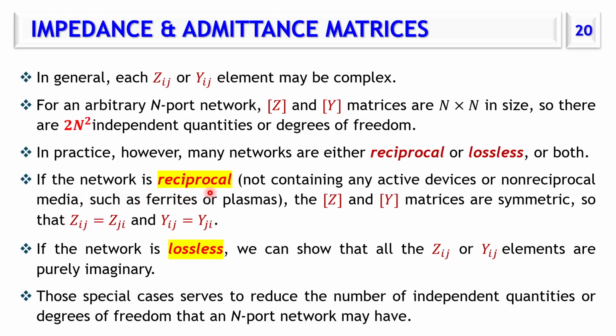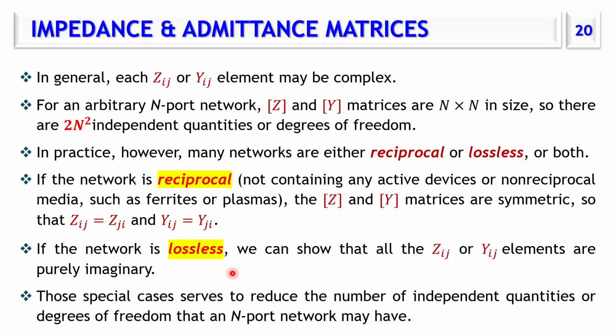A reciprocal network is a network that doesn't include any active device, like no transistor, no diodes, no amplifier, and no non-reciprocal media, like ferrite material or plasma. If this is the case, it's an all-passive circuit, it's reciprocal, and in this case the Z matrix and Y matrix will be symmetric. If the network is lossless, we can show that all the elements are pure imaginary.